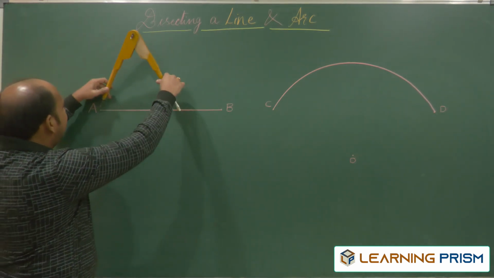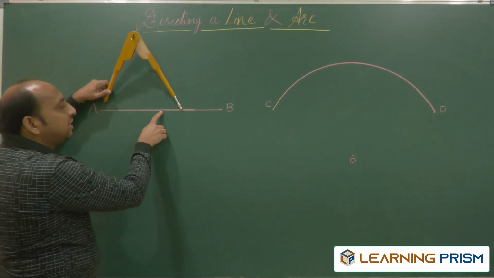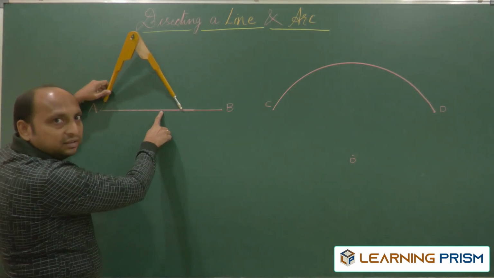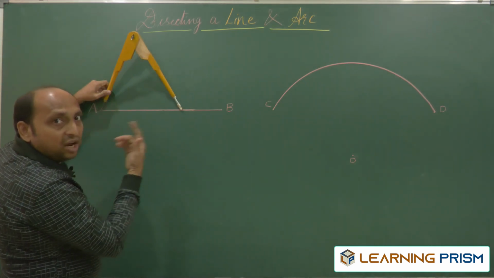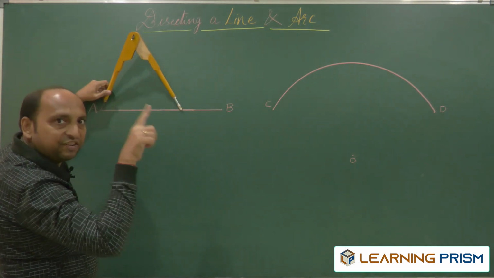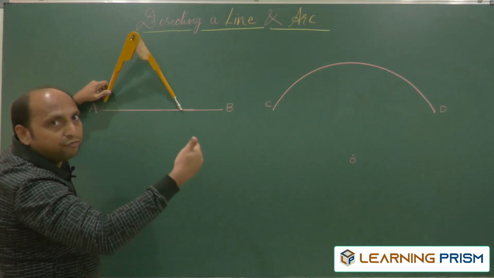So if I consider like this, the midpoint would be somewhere here, approximately. Now this length which I have taken on the compass is definitely more than half of the length.